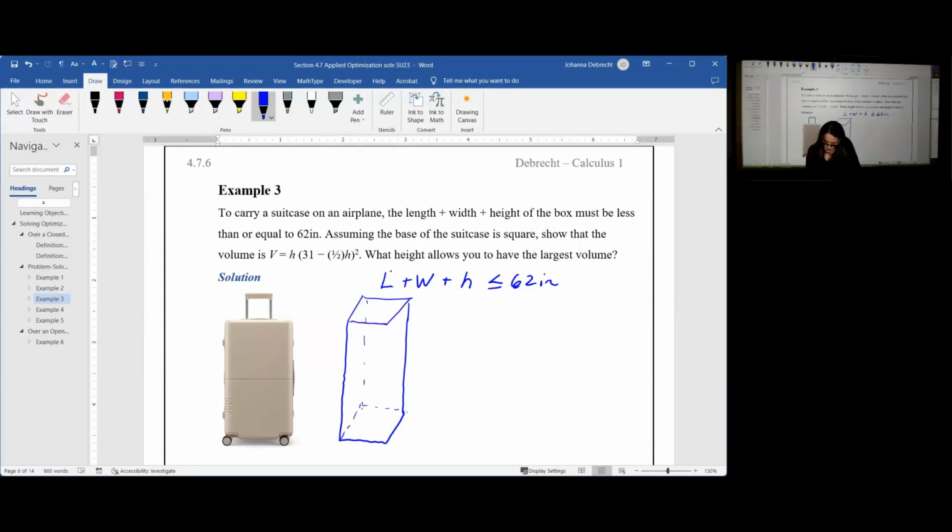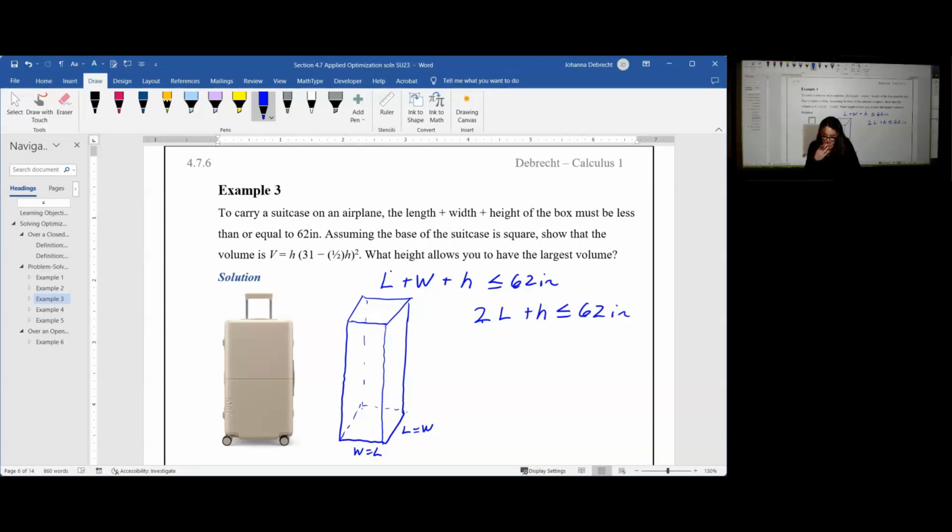There we go. Now, if it's square, then the length and the width must be equal to each other. Well, then I can rewrite that constraint equation in terms of only one of them. I'm going to choose L and write 2L plus H must be less than or equal to 62 inches.